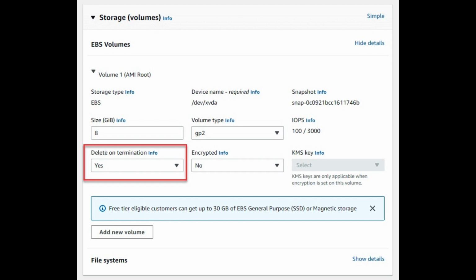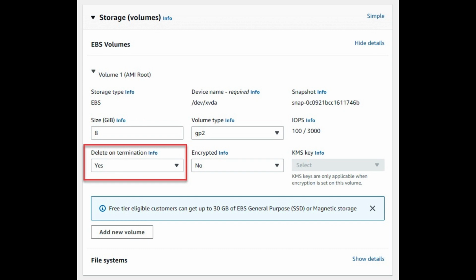The beauty of this feature is that you have control. You can modify the Delete on Termination attribute according to your needs, either through the AWS Management Console or by using the AWS command line interface, the CLI. Let's talk about a common use case. You might want to preserve the root volume when an instance is terminated, especially if it contains important data or configurations.